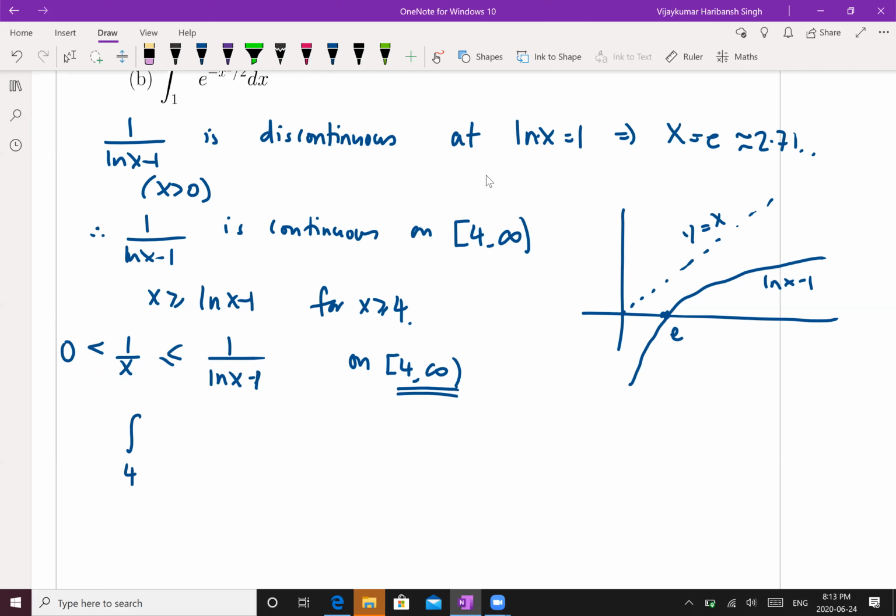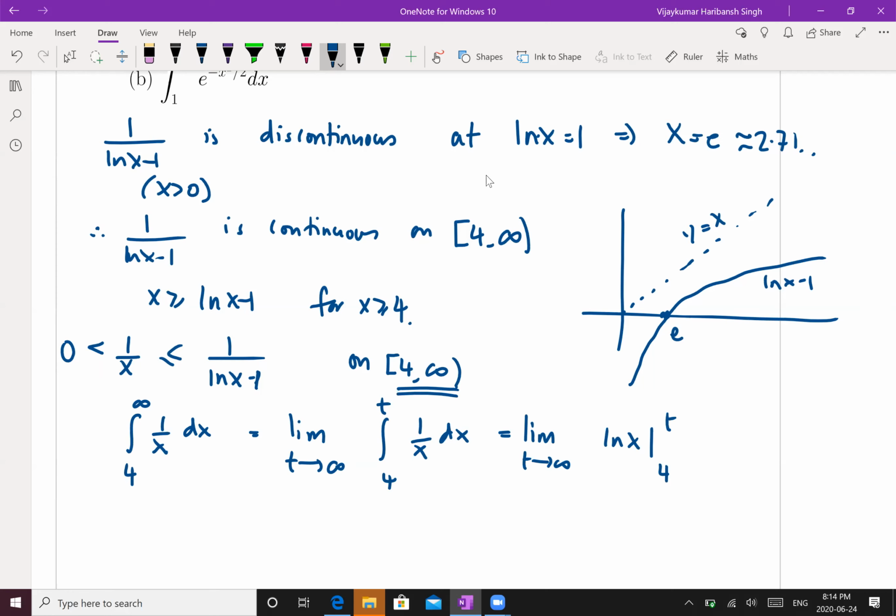The integral from 4 to infinity of 1 over x dx is the limit as t goes to infinity of the integral from 4 to t of 1 by x dx, which is the limit as t goes to infinity of ln x from 4 to t, which is the limit of ln t minus ln 4, and this goes to infinity, right?